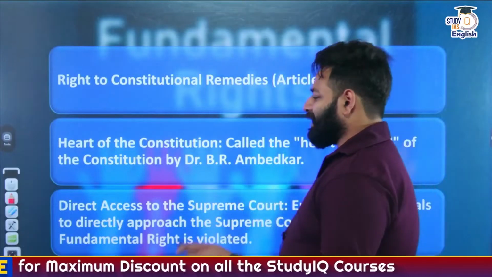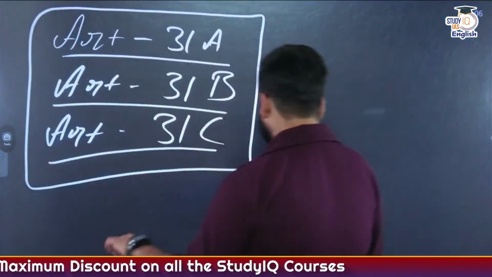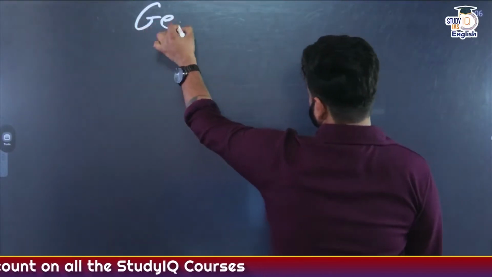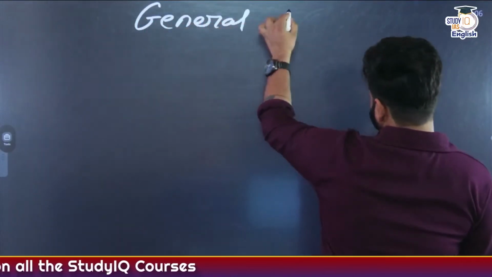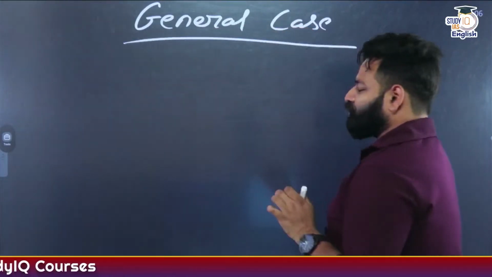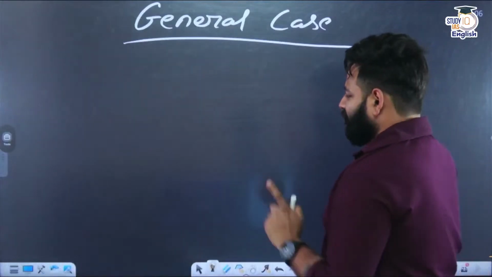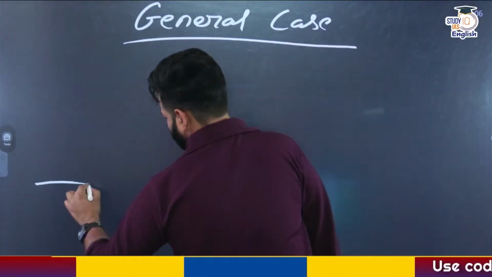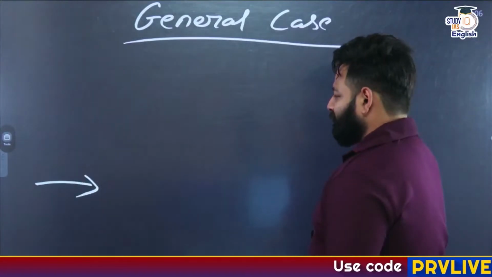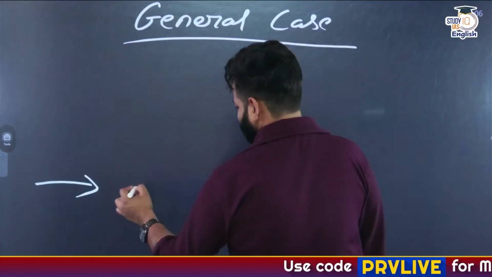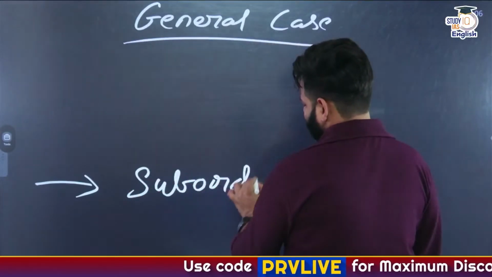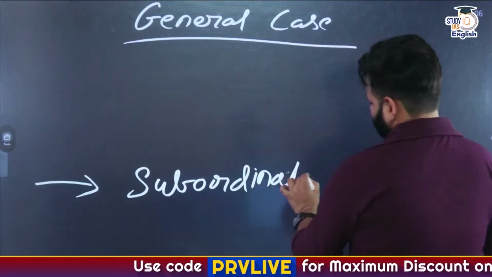So what is the hierarchy? Let's say there is any general case. With regard to any general case, the first door that you can knock for justice, appeal, petition or litigation, is the lower courts. We call them subordinate courts.